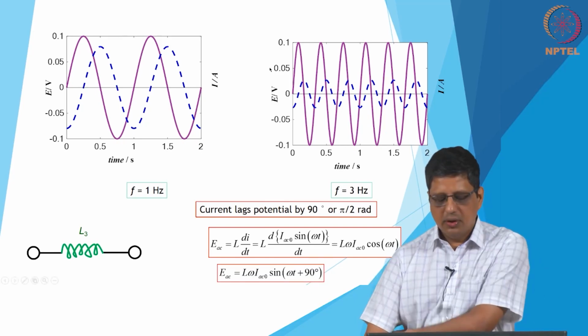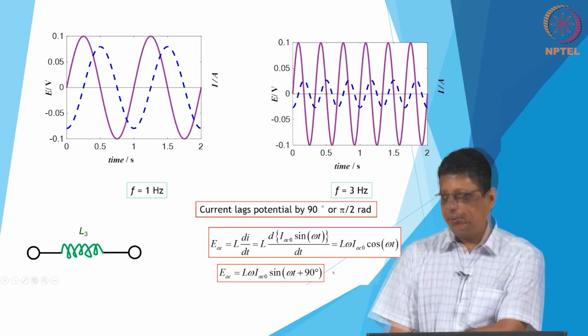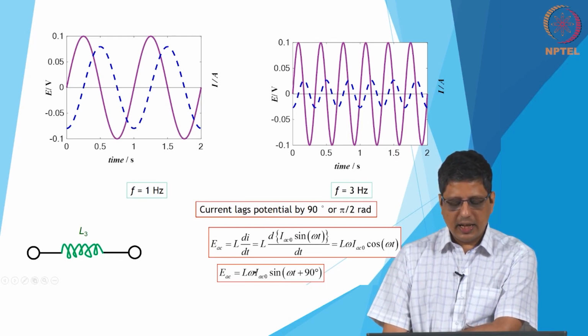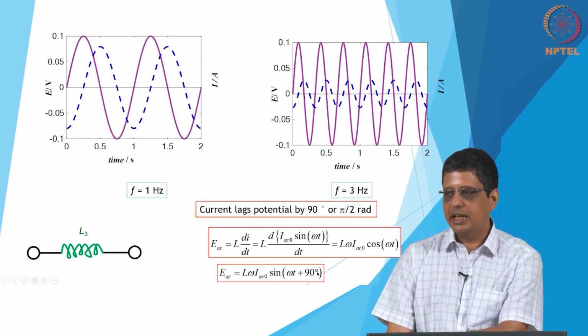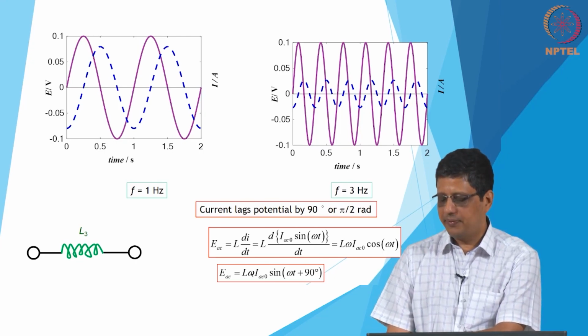You can find the magnitude of E by I, and that is going to be omega L. If I rearrange the equation so that I get E by I, I will get L omega sin omega t plus 90 degrees. The phase difference comes here and the remaining part is the impedance.